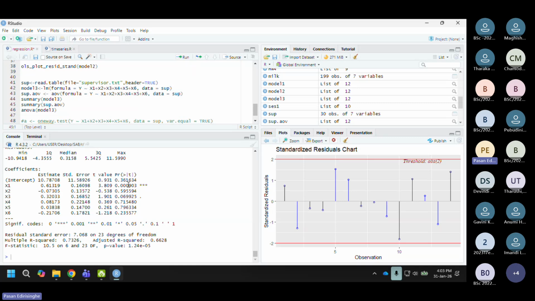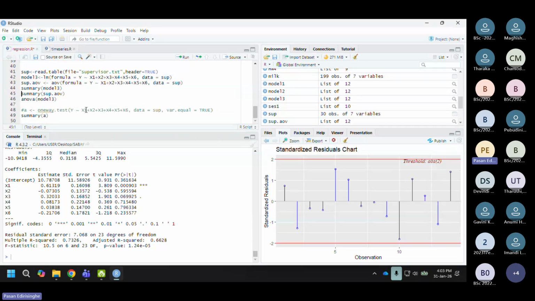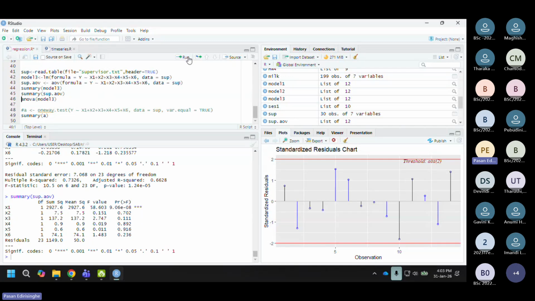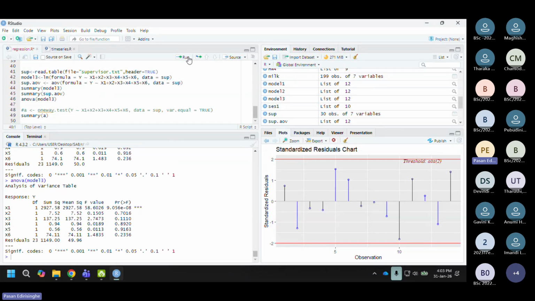You can see that only one of them is significant and the others are not significant. So there you can see that we can do the work here. I'm not going to go into all the details there. We can do some modifications, but I will not do that here. Some other plots we can have here. Yeah, just showing how we can run the R software there. So some options you can have.